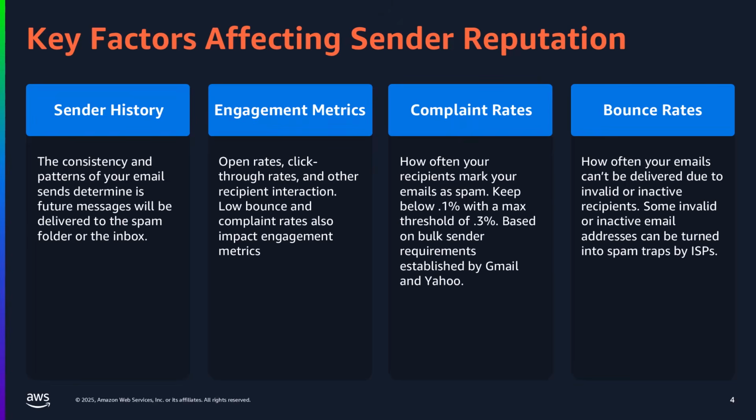You should also have a goal of keeping complaints at or below 0.1% with a max threshold of 0.3%. This guidance is part of the bulk sender requirements by Gmail and Yahoo. It is good practice to keep these limits in mind across all your SES sending for all mailbox providers, even if they do not have an explicit policy for spam rate thresholds.